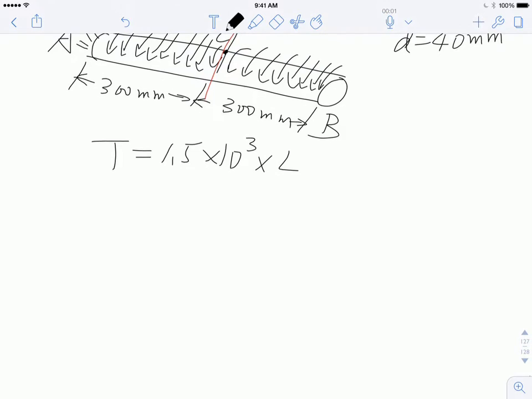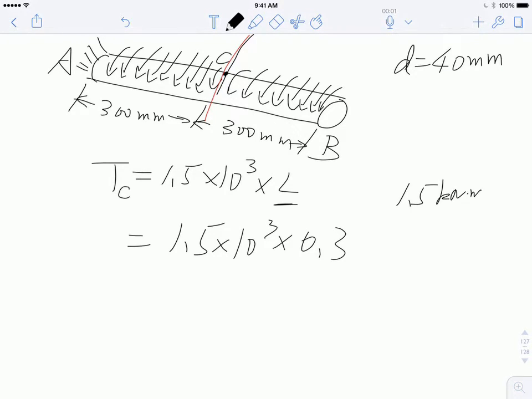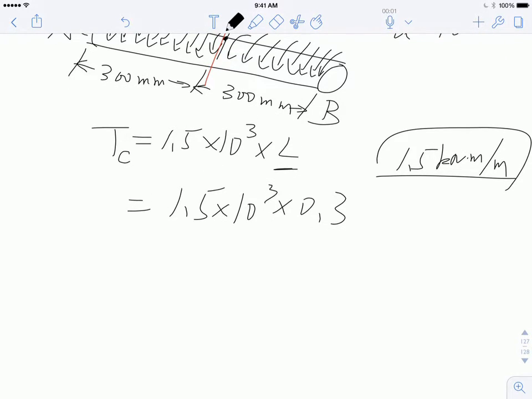We know the length is 300, so from A to the section it is 1.5 times 10 to the 3 times 0.3, because it's 0.3 meters. Everything is in meters, so transfer that to meters: 300 millimeters is 0.3. So we can calculate the torque at C. Then the rest should be easy.